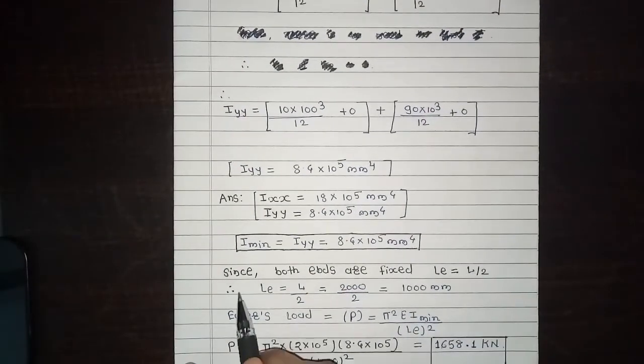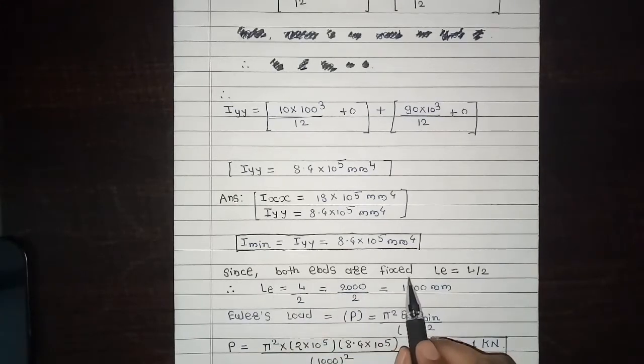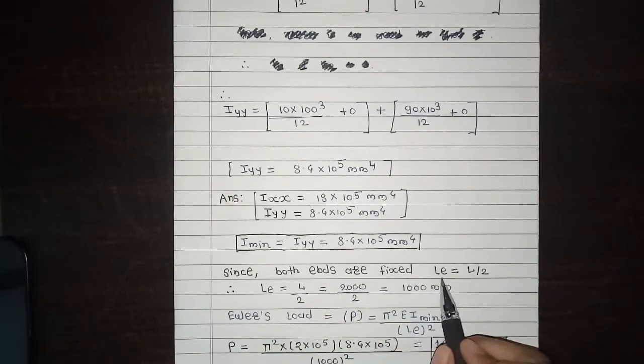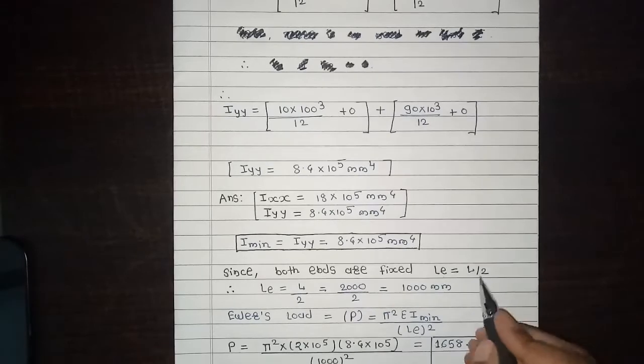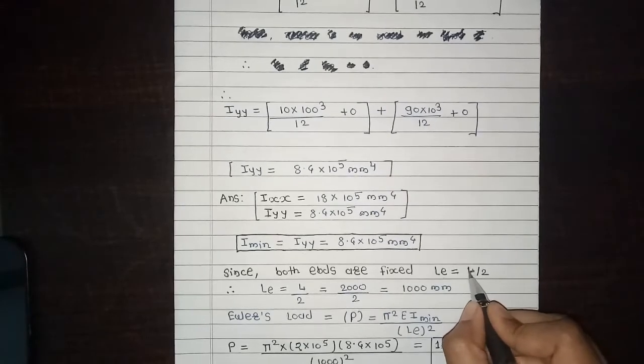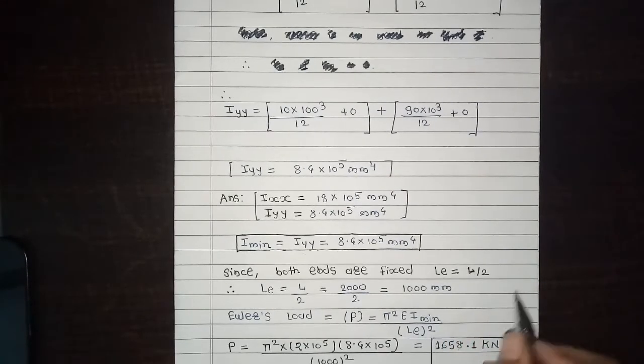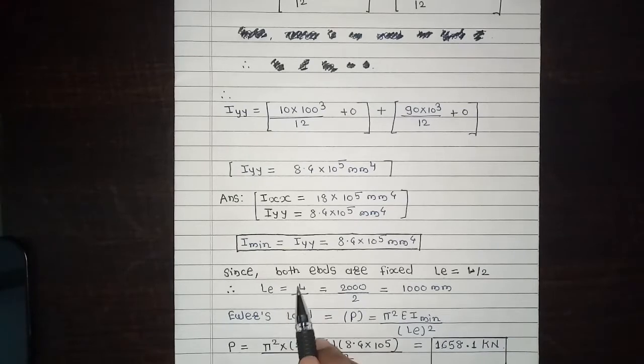Then fourth step, in the given condition, since both ends are fixed, how to calculate effective length? Effective length is calculated by the formula L effective is equal to L by 2. Put the value of L, 2000 divided by 2, 1000 mm.